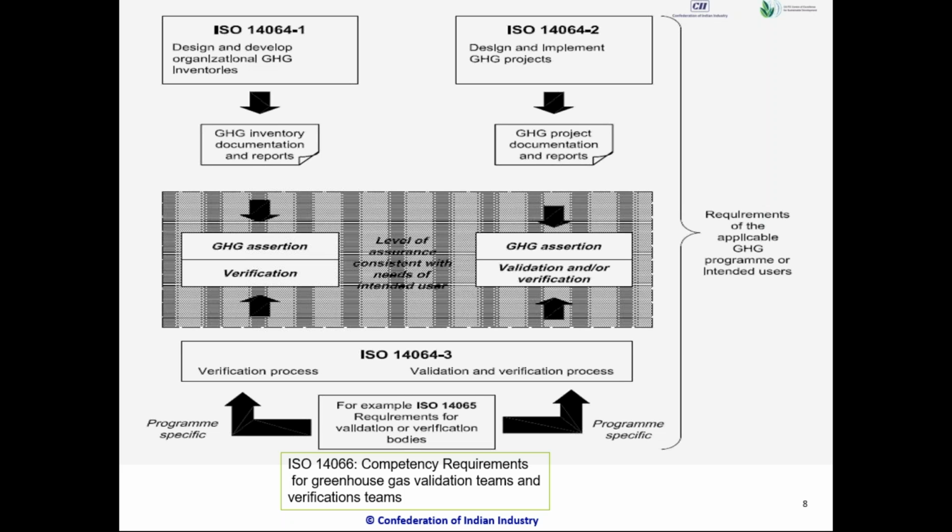The outcome of ISO 14064 part 1 is that we have a GHG inventory report and a GHG emission reduction calculation sheet, and in GHG terminology these are called the GHG assertion. We are making an assertion that this is the organization's GHG emission inventory.